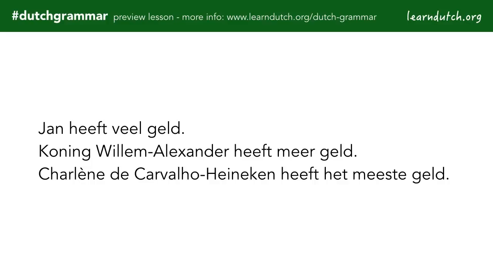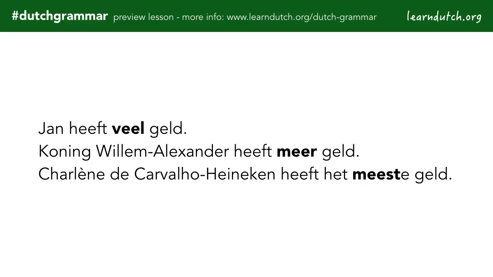She is, in reality, the richest person in the Netherlands. And by the name, you can see what made her, or actually her father, rich. Okay, veel, meer, meest. Much or many, more, most.